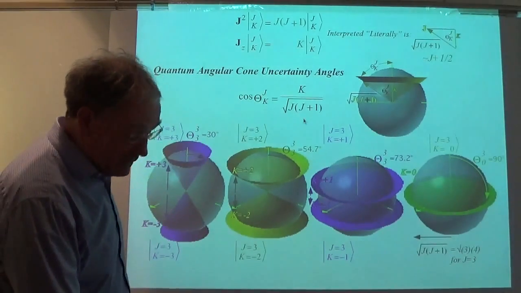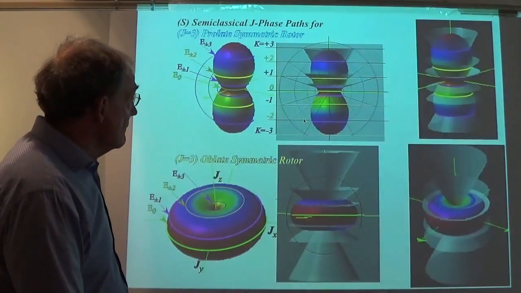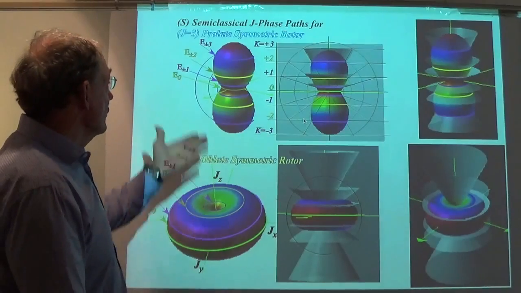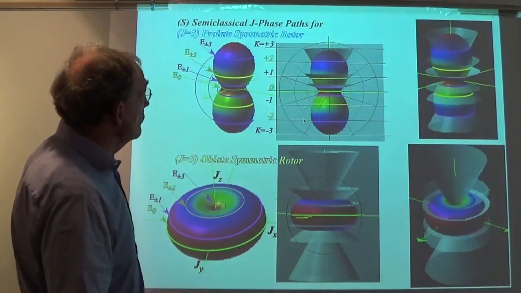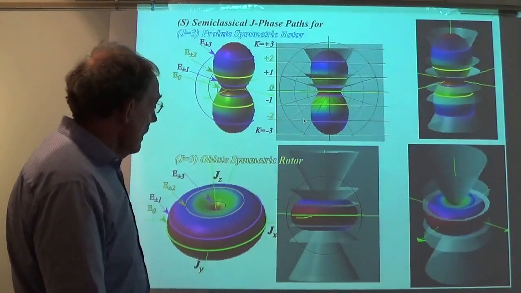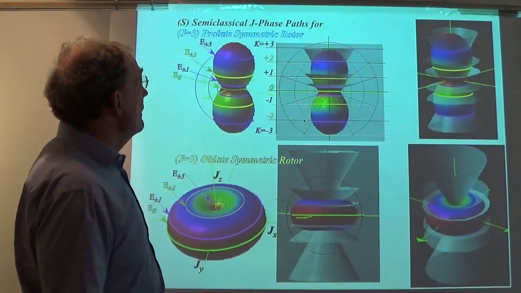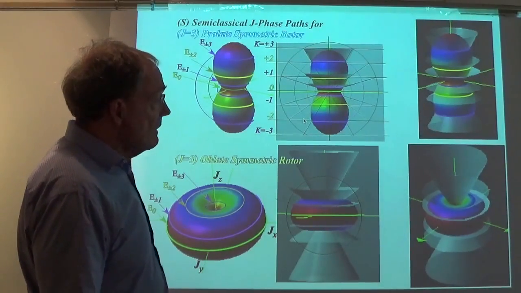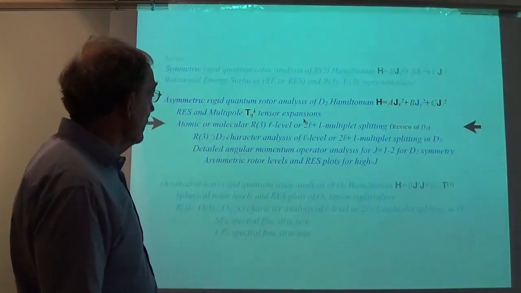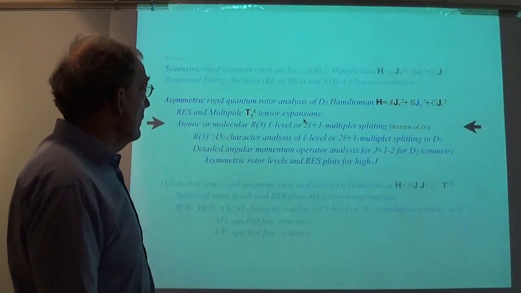That's what I'm using right here. So get used to that. Then here's the two extremes of symmetry, symmetric and asymmetric, for something that's a uniaxial rotor. We're going to have some that are multi-axial, starting with the asymmetric one.